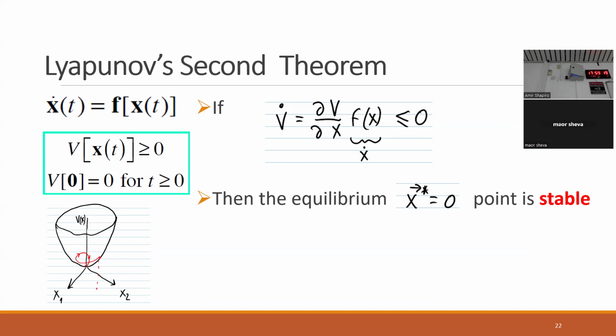But if V dot is actually smaller than 0, is negative, then the equilibrium point is asymptotically stable. So it will decay to the origin.